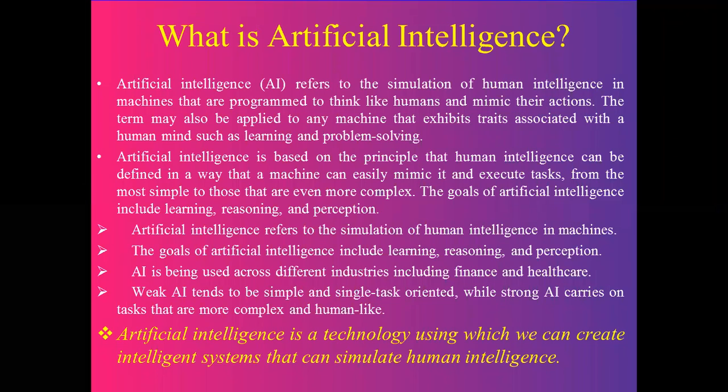Artificial intelligence is based on the principle that human intelligence can be defined in a way that a machine can easily mimic it and execute tasks, from the most simple to even more complex ones. So we can provide intelligence to more complex systems.